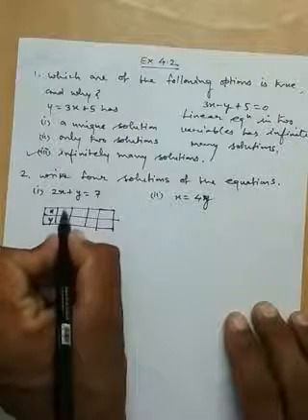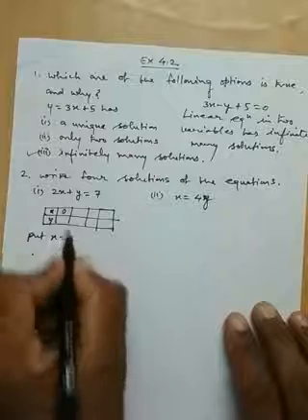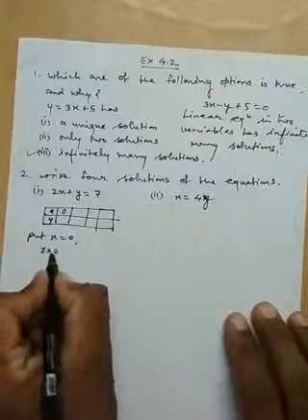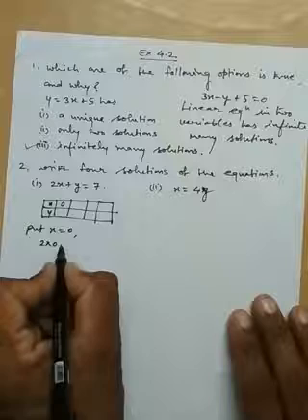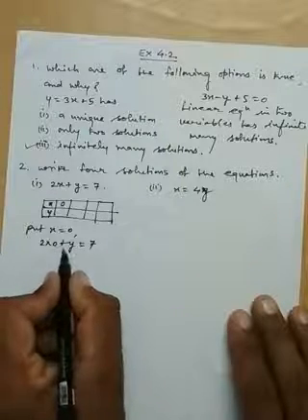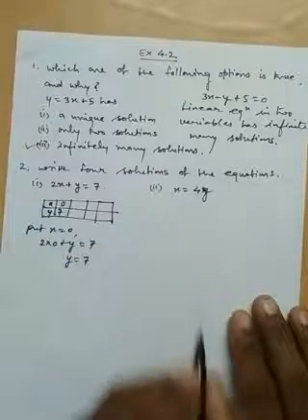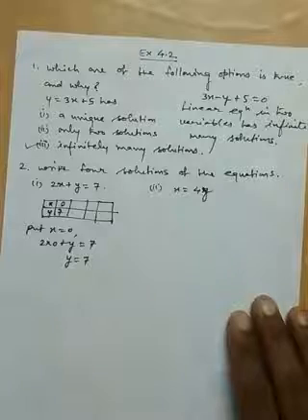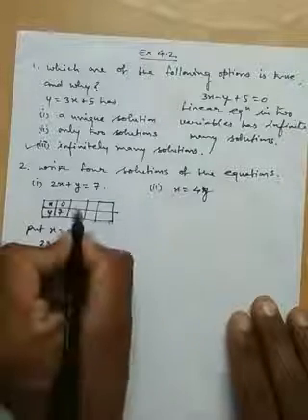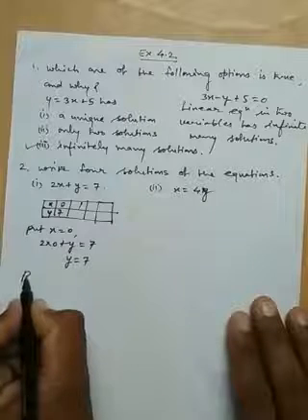So first of all, put x equal to 0 in this equation. Then 2 into 0 plus y equal to 7. 2 into 0 is 0, 0 plus y is y, and y equal to 7. So (0, 7) is the first solution. Next, you can put the values 1, minus 1 as your choice.